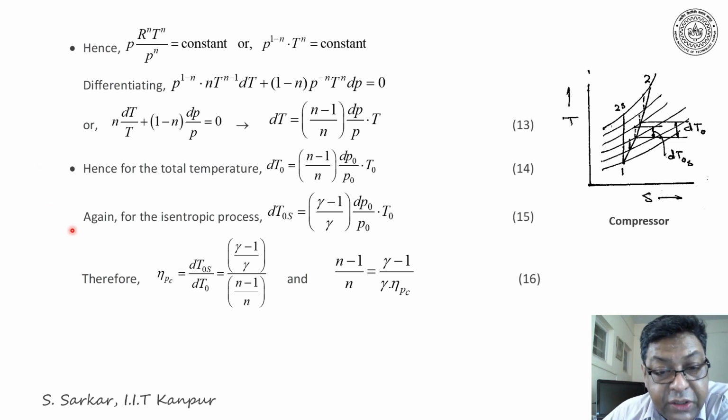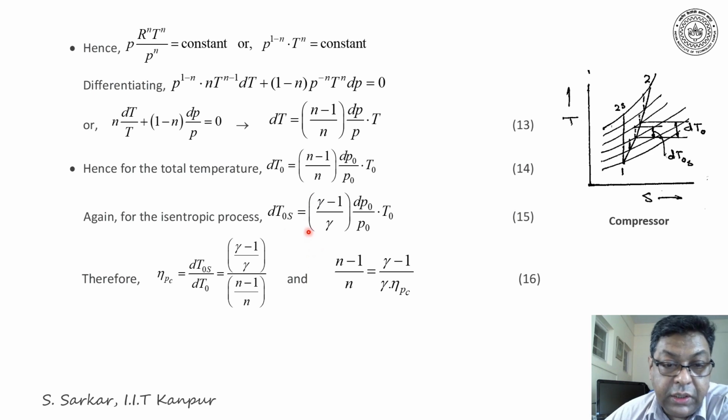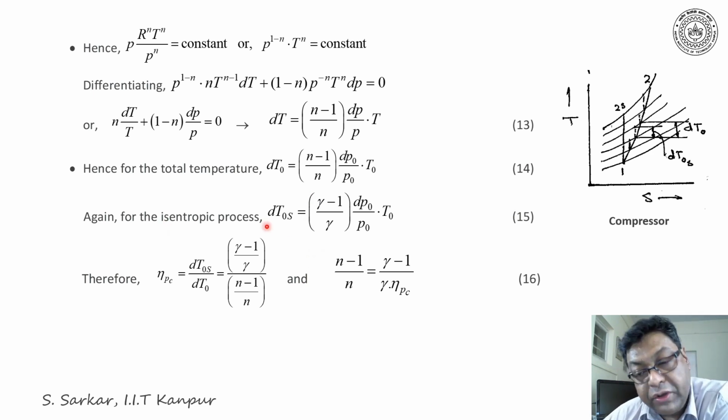Similarly, for the isentropic temperature rise for an elemental stage, dT0s equals (gamma-1)/gamma times dP0/P0 times T0. Please realize that when n is replaced by gamma, you land on the isentropic process.